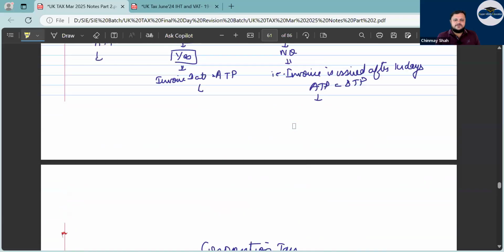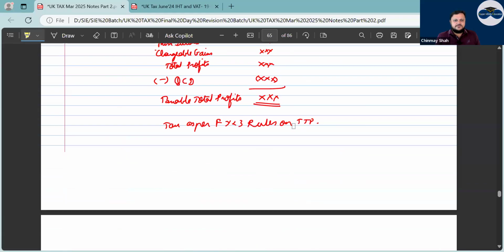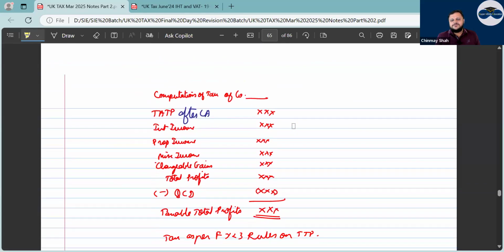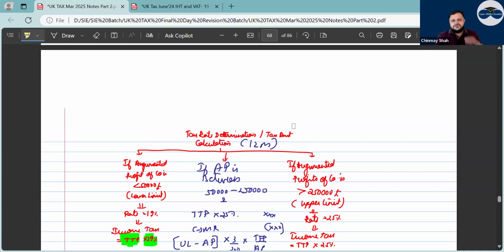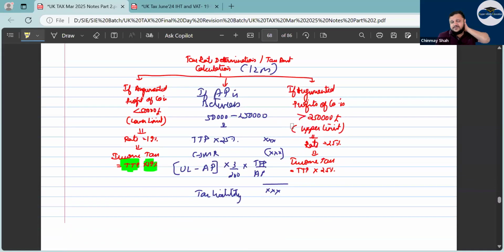From the total profits you deduct QCDs, you get taxable total profits, TTP. So on TTP, if the augmented profit of the company is less than 50,000, then in that case the 19% rate will apply.